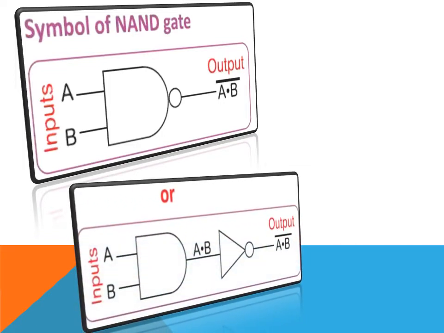You can also represent the symbol for NAND gate as an AND gate followed by a NOT gate. When input is A and B, the output for the AND gate is A dot B. Now when the input for the NOT gate is A dot B, then the final output will be A dot B whole bar.